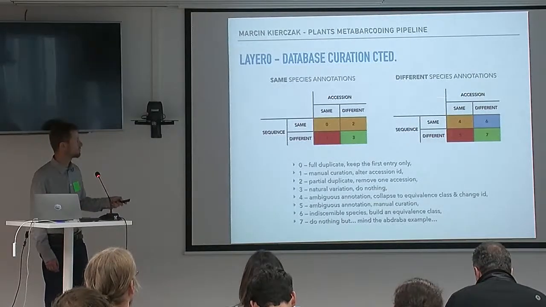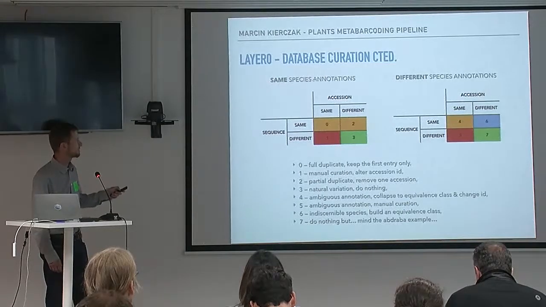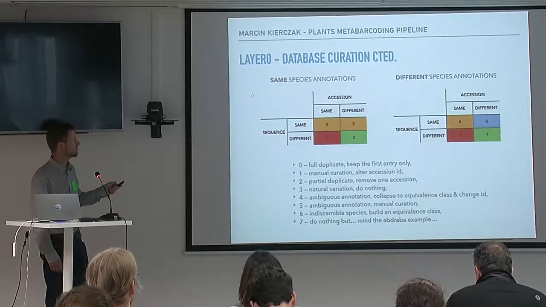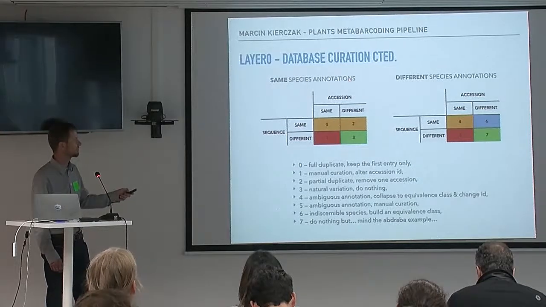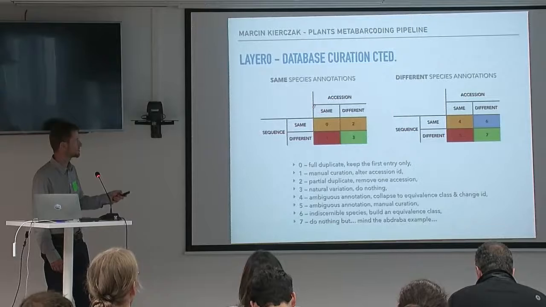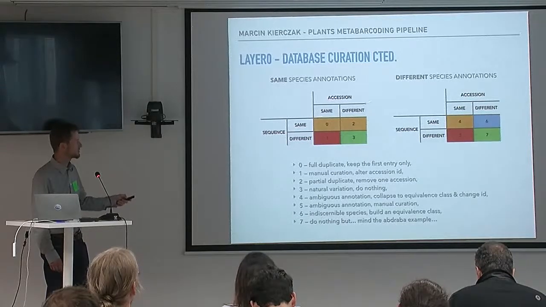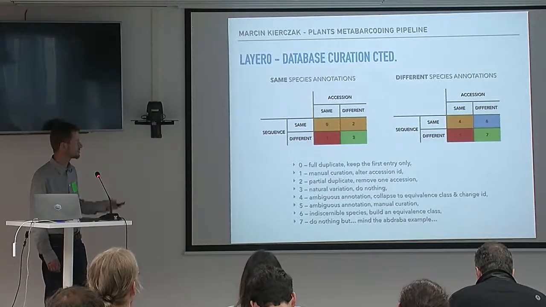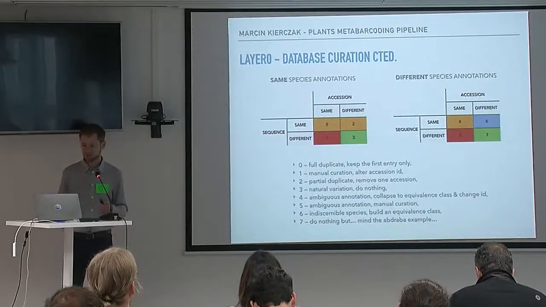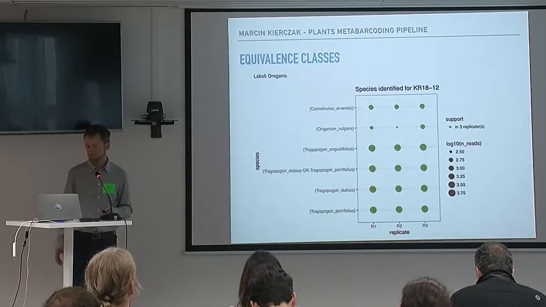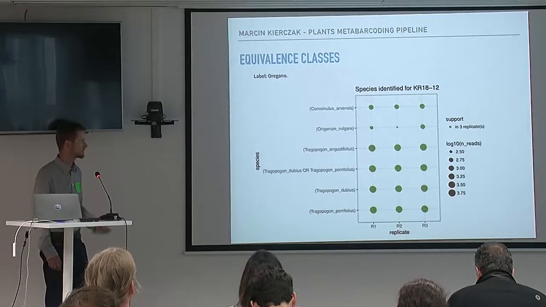So you can even go further, and you can see that you can have a whole bunch of 8 different classes of problems based on whether the species have the same or different annotations, and then comparing sequences and accession numbers. We can address most of those problems, but not all of them and not always.